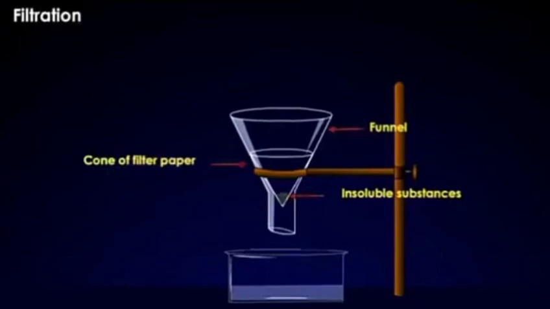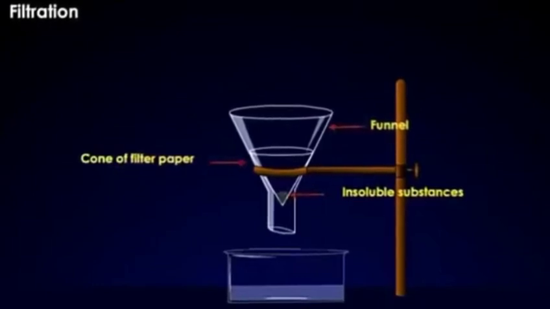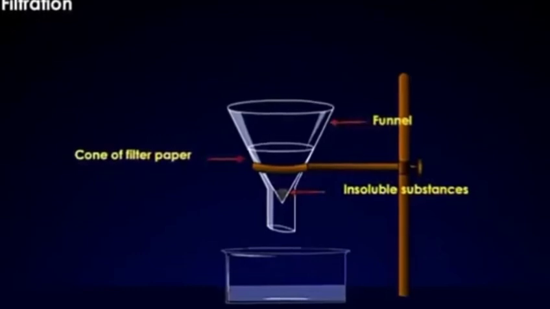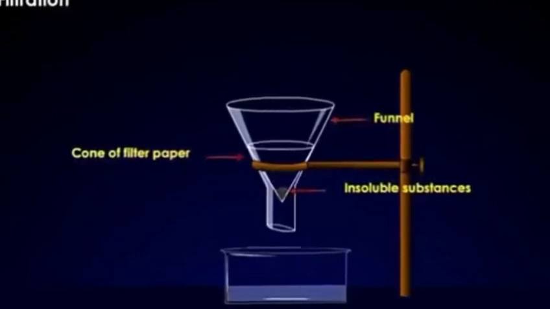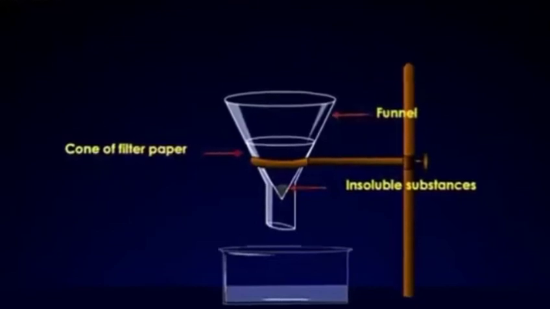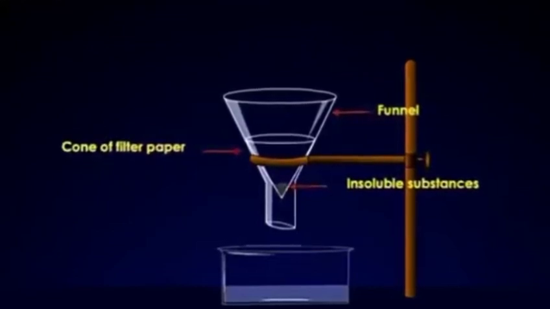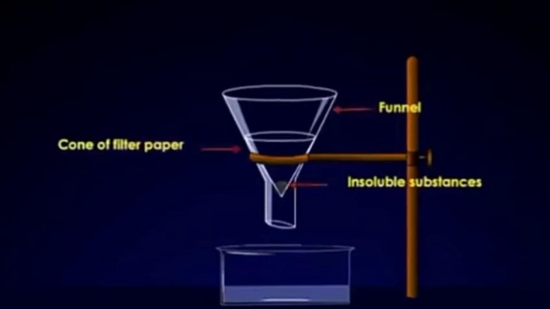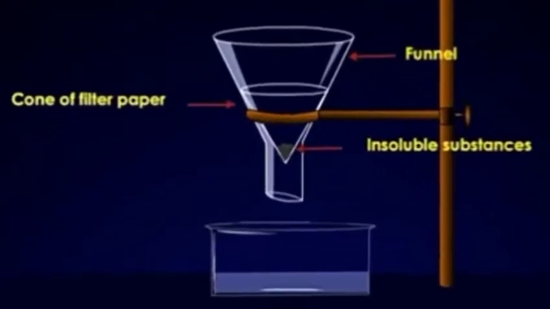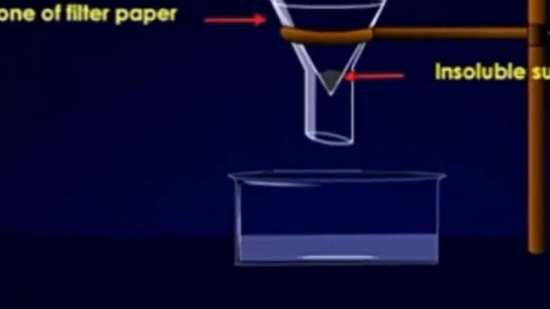So the very fine particles of the sand will get trapped in the filter paper, and we will have the clear or pure water collected in the beaker kept below the funnel. The clear water collected in the beaker below the funnel is called filtrate.